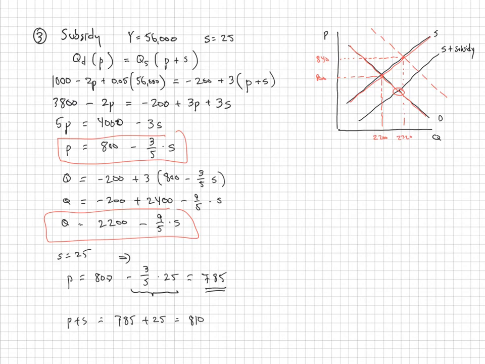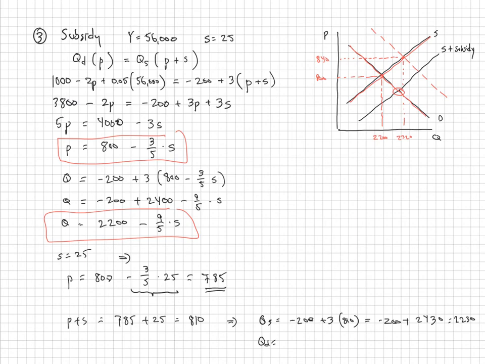All right, this is the key thing. So to find the quantity supplied, we will have minus 200 plus 3 times 810, minus 200 plus 2,430, which is equal to 2,230. Now, if I wanted to find quantity demanded at the equilibrium, I would have to plug in the actual price.